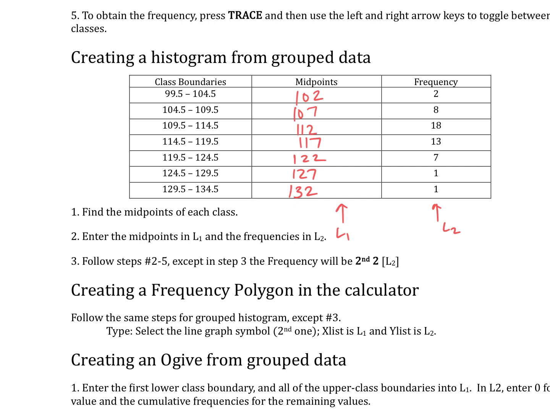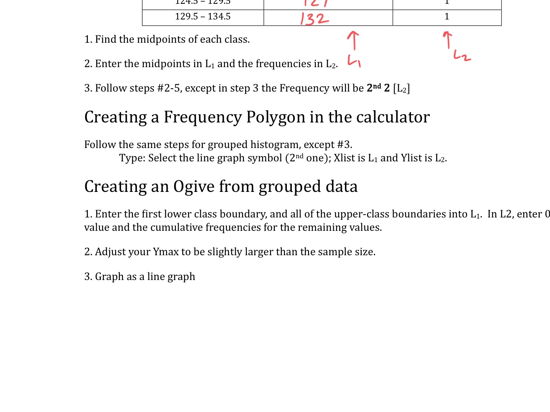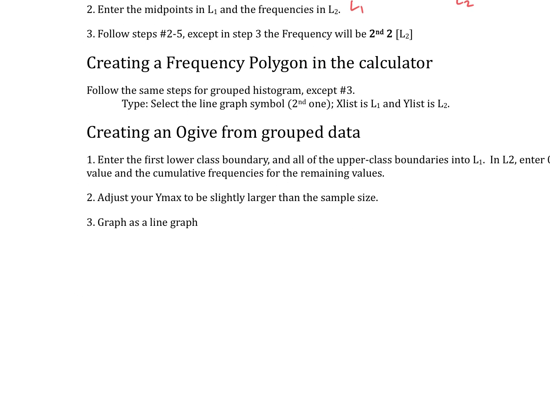All right, creating a frequency polygon, you literally do everything for the grouped histogram. So whenever you go to select your stat plot, you're going to choose the line graph.